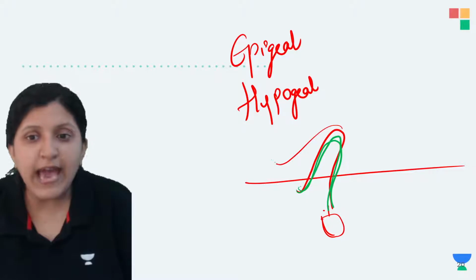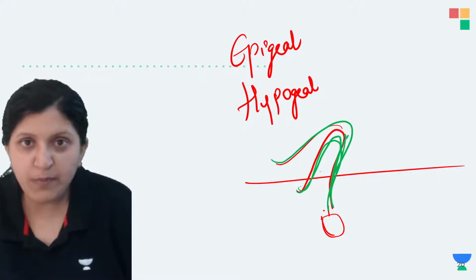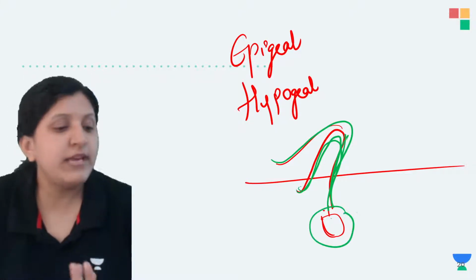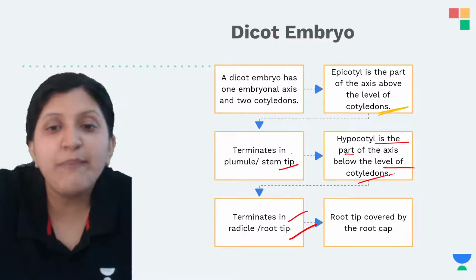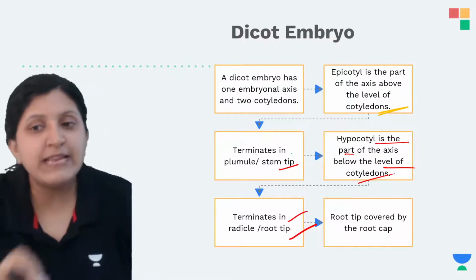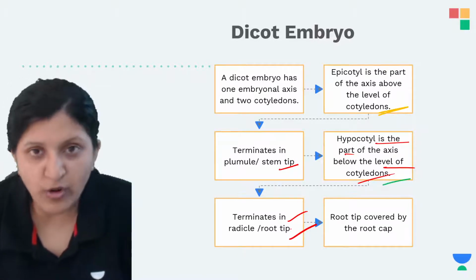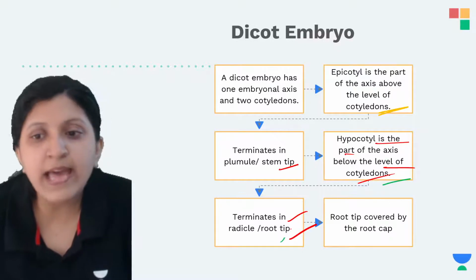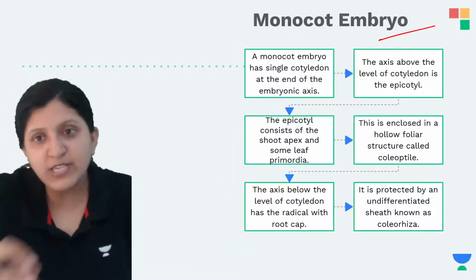This one has to push above the soil level and form a plant body. In that case the seed has remained down itself, so that could be the hypogeal one. Now the hypocotyle is the part of the axis below the level of cotyledons. It terminates in the root tip, which is covered by a root cap. So there you can find a root cap as well.